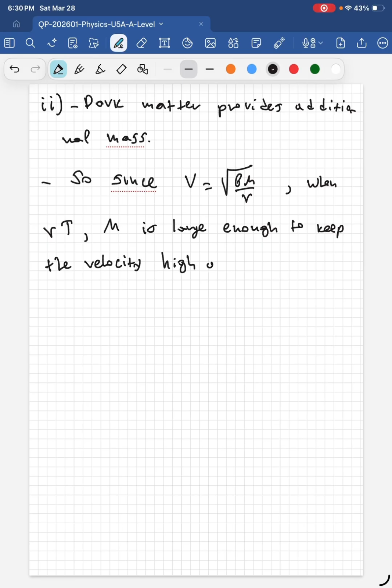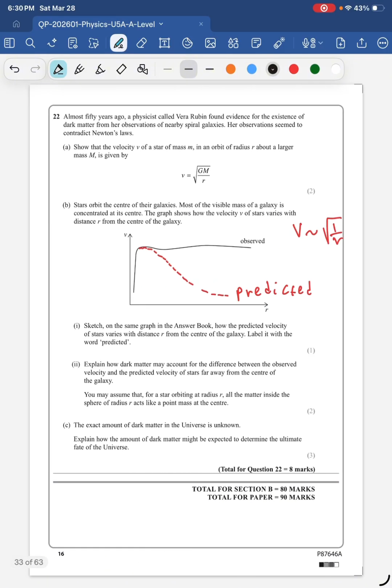High and constant. Okay, and the idea is that you have a halo of mass, something like that. So you can read about it on the web.